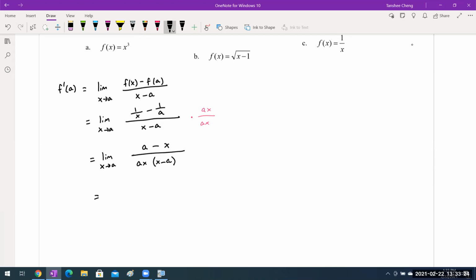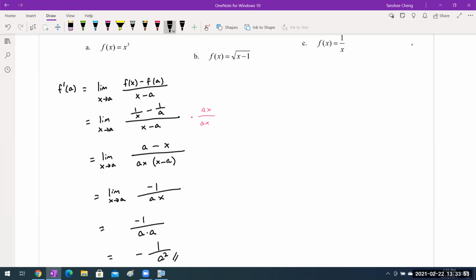And when I simplify this, the limit as x approaches a of that will become what? Negative 1 over ax. Now direct substitution is applicable, so it will be negative 1 over a times a, which is my final answer, negative 1 over a squared. And that is the derivative of the function at a for the function 1 over x.